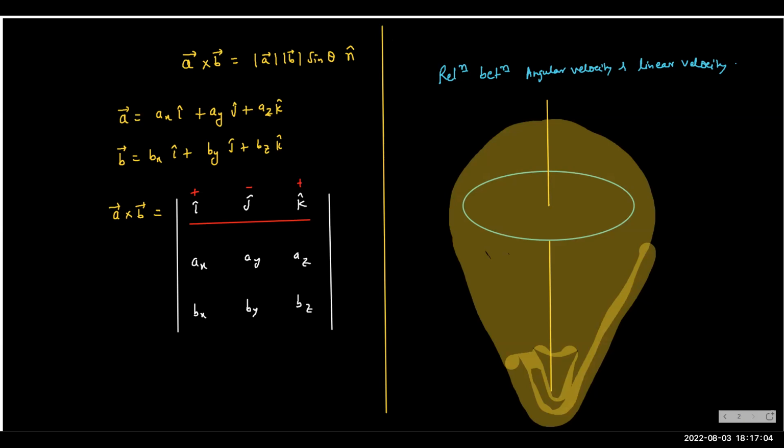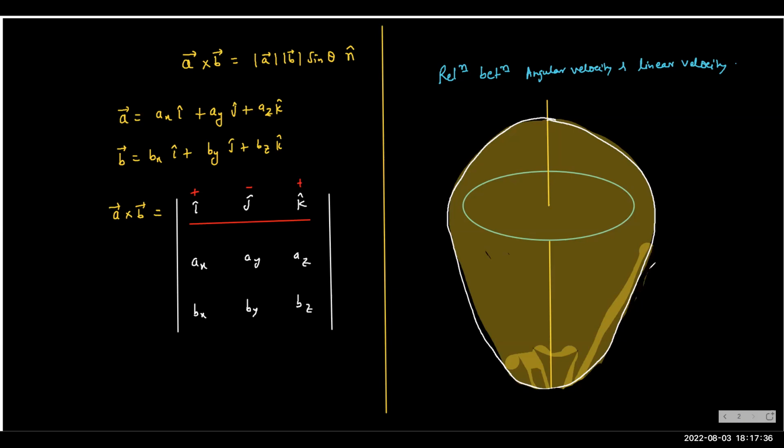So now this is a body actually, and this body is spinning around its own axis. So omega is called the spin axis.